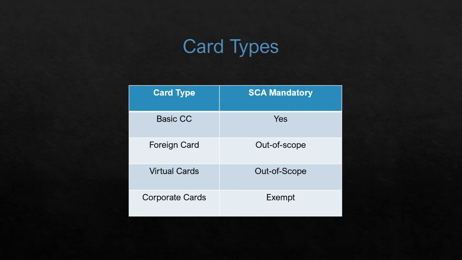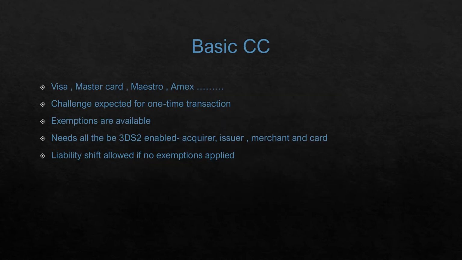So these cards are supposed to be exempt from SCA, but that exemption happens only when the merchant and the payment gateway initiate this process by applying some exemption flags, which is altogether a separate topic. I might create a separate video over exemptions, how to handle them, how that works. So let's dive deep into these cards individually, how they work.